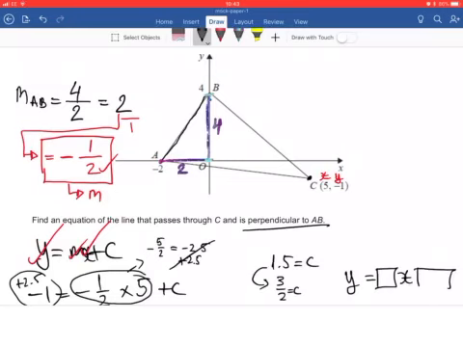So we need to give them the m and the c. My m, I worked it out early on, is minus a half. And my c, I just worked it out, it's a positive 3/2. So I just stick a positive 3/2 there, and I'm done.